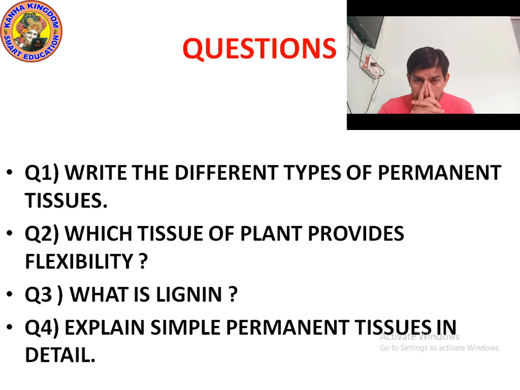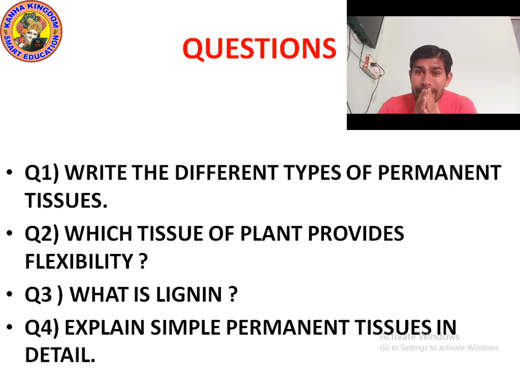Now, last question. Question number four: explain simple permanent tissues in detail. Well, kids, before I explain it, let me tell you that because chapter number 7 is removed from your book, from chapter 6, a long question will come. A long question will definitely come in the exam.